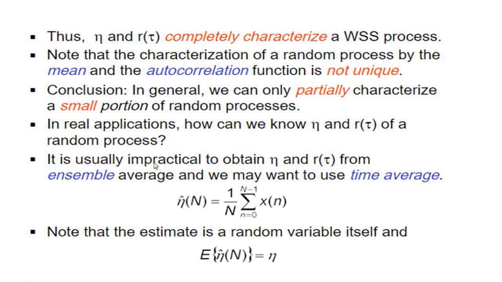It is usually impractical to obtain eta and r of tau from an ensemble average, so we may use the time average. The time average is given as eta cap of N equal to 1 by N summation n equal to 0 to N minus 1 of x of n.